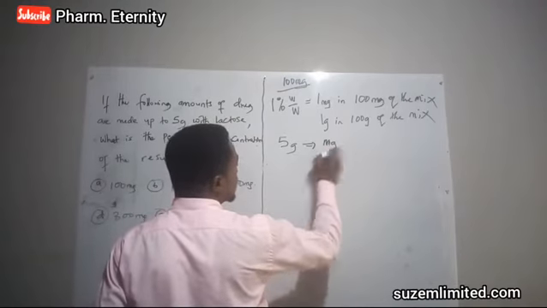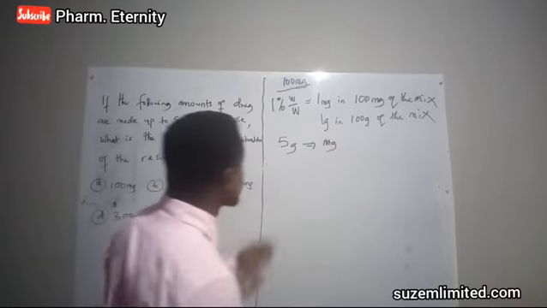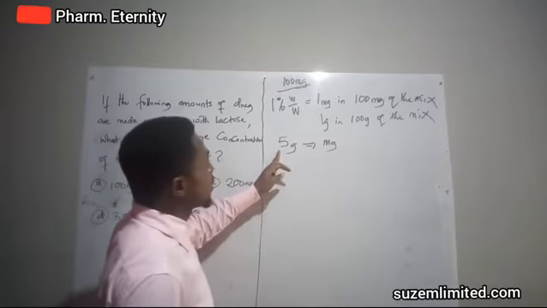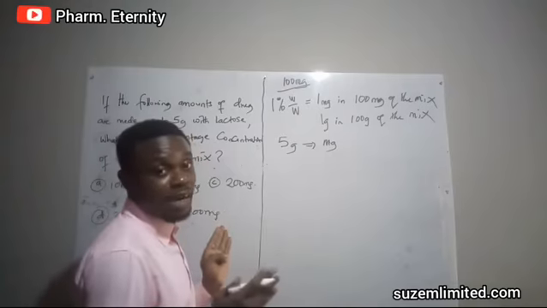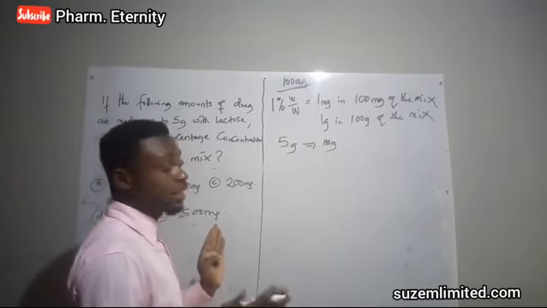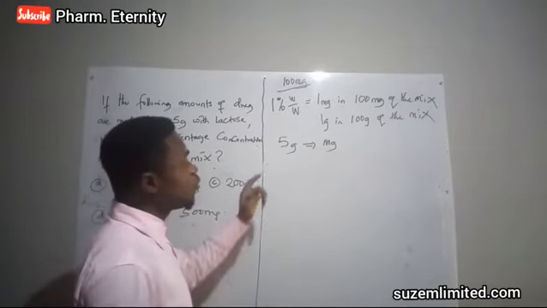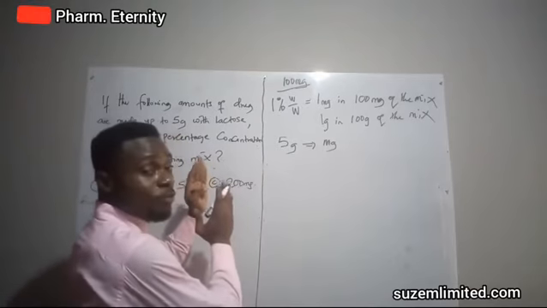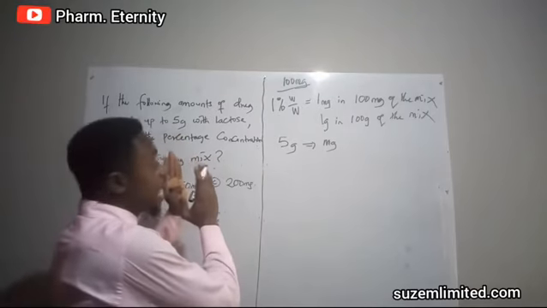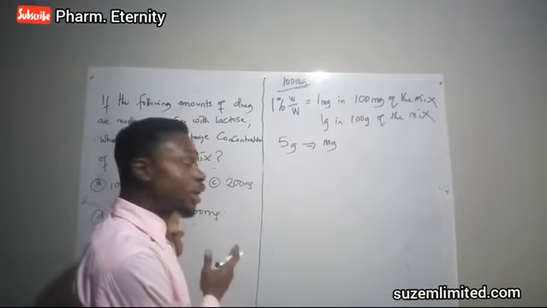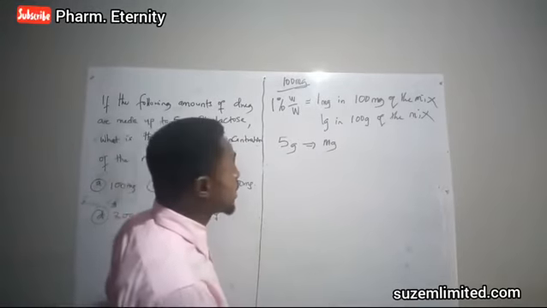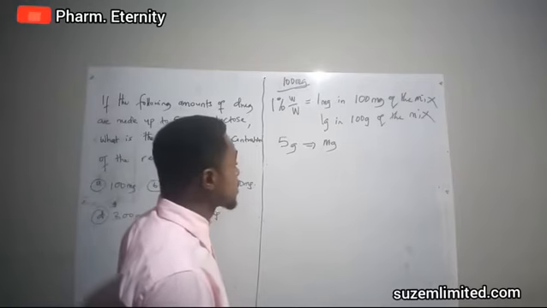Between gram and milligram we have three decimal movements. Here we are moving from gram, which is higher, to a lower unit, milligram.